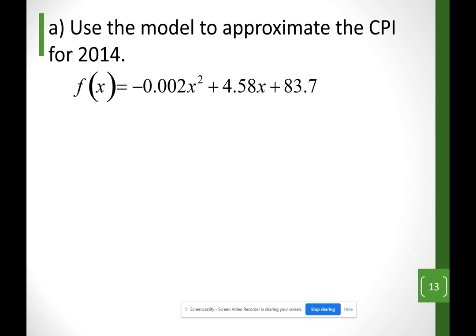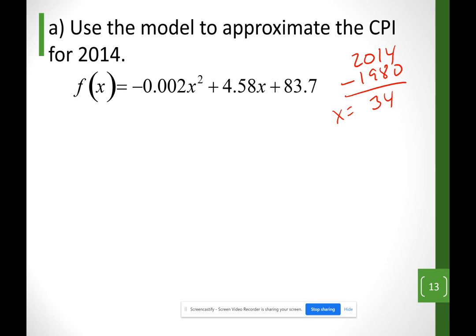Remember, my X was how many years after 1980. Now we want to approximate it for 2014. How many years from 1980? I'm just going to subtract 2014 minus 1980. That gives me 34, so I know my X is 34. Now we're going to work this out.